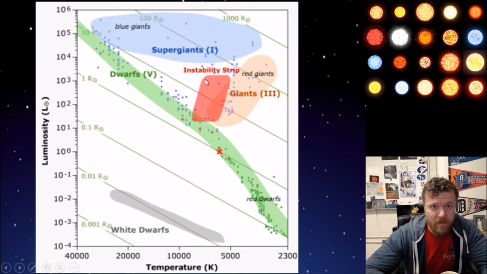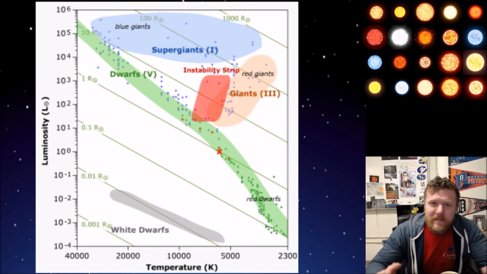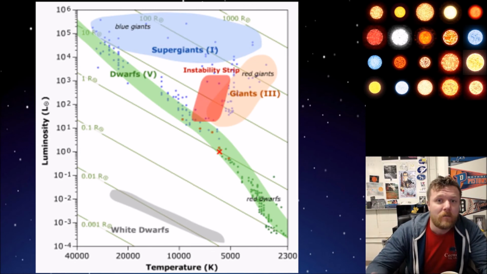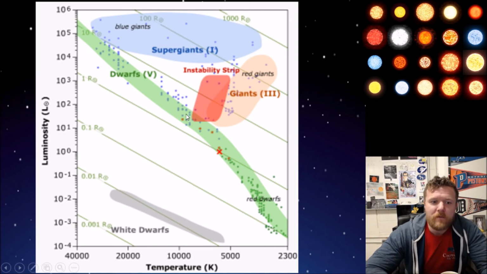Henrietta Swan Leavitt studied these. It's how we figure out how far away things are, because how fast they pulsate tells us how bright they are. So if we can figure out how bright they're supposed to be versus how bright they look, we can figure out their distance. So variable stars are very important for astronomers, and they all live right here in this instability strip, where sometimes they're bright, sometimes they're dim. So they do not stay put on the HR diagram.